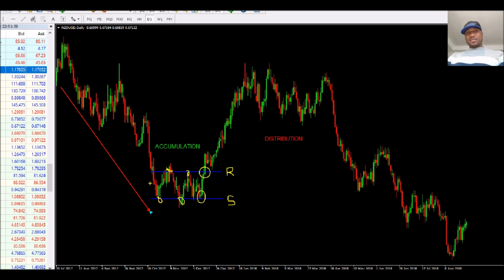And now that the market is accumulating, at this point, you can see we have a low here. We have another low here, but this low here is higher than this low. So this is an indication. If you're using MACD divergence or RSI, you will understand better. But in my future videos, I will explain about this concept.